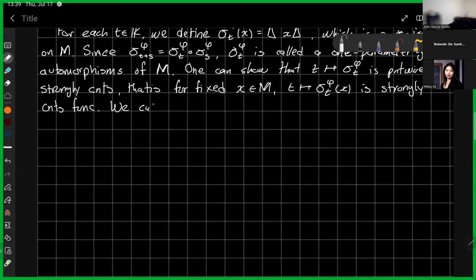We call this the modular automorphism group associated.